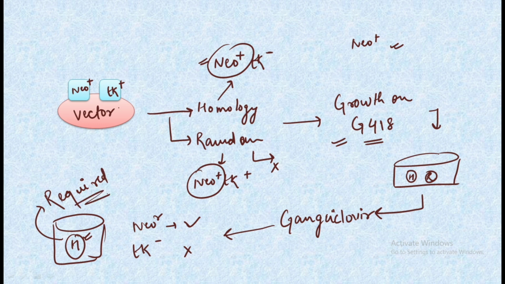In this type of selection, first we have to select only the homologous integrated vectors, and second we have to eliminate the random integrated vectors.